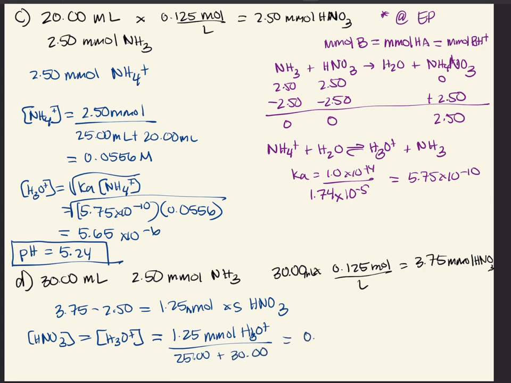And that gives me a concentration of 0.0227. Now, when I get the pH of this, all I have to do is negative log that value, and I get a pH of 1.64.